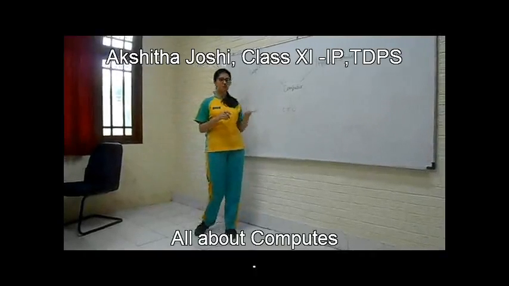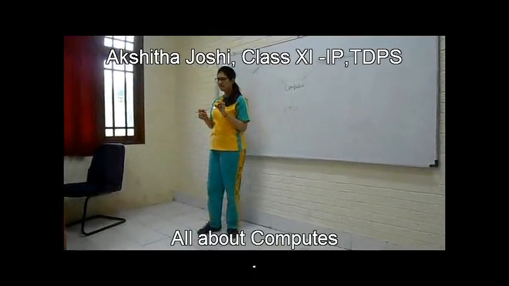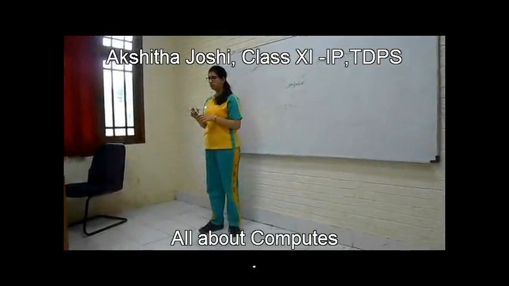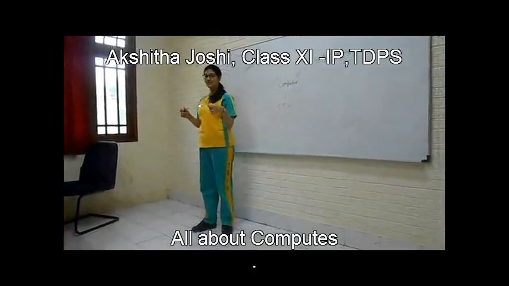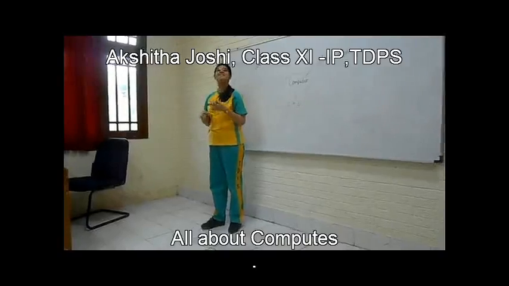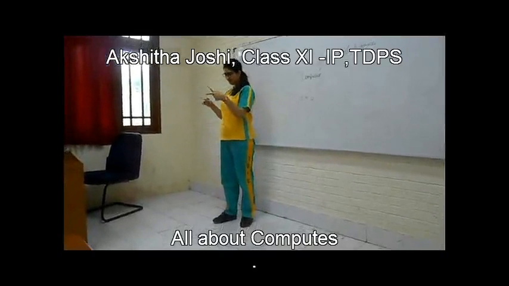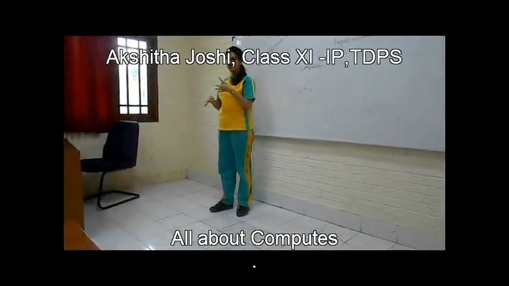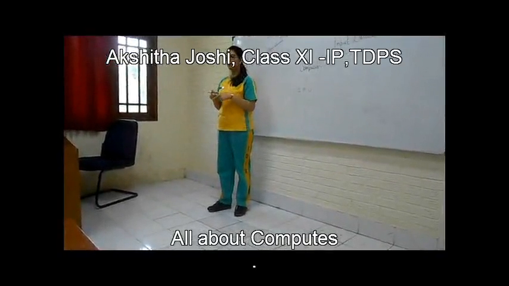Then we have the central processing unit, which is further classified into three units: the arithmetic and logic unit, the control unit, and the memory unit.